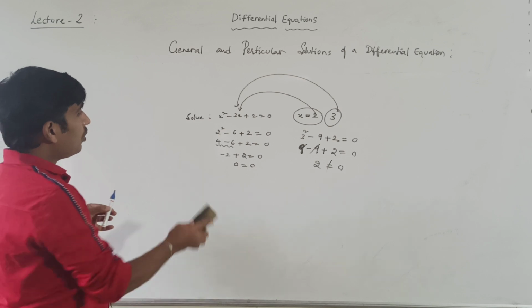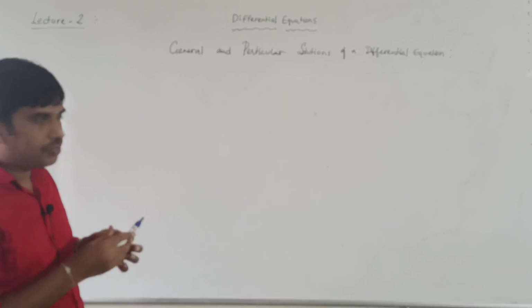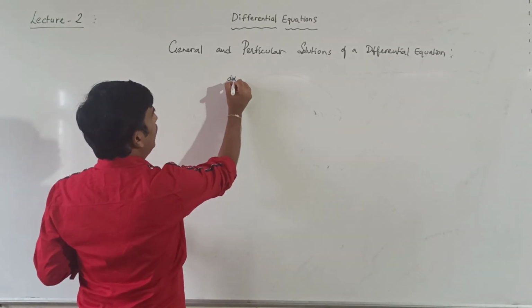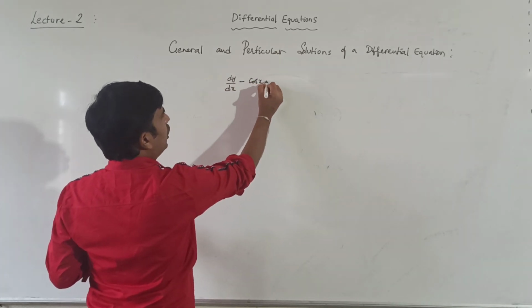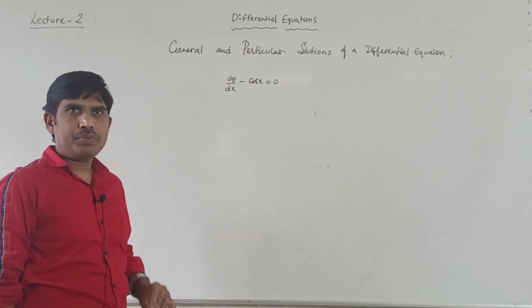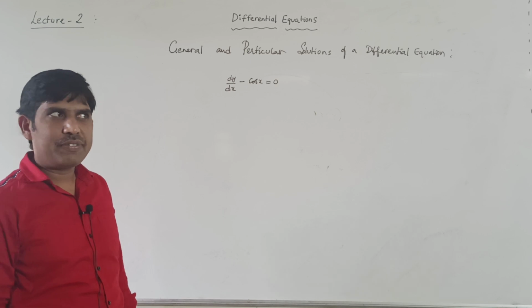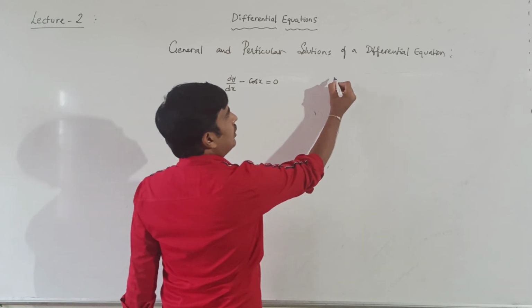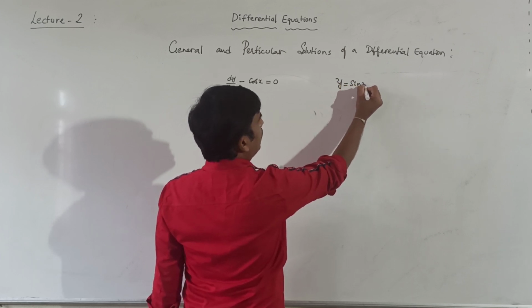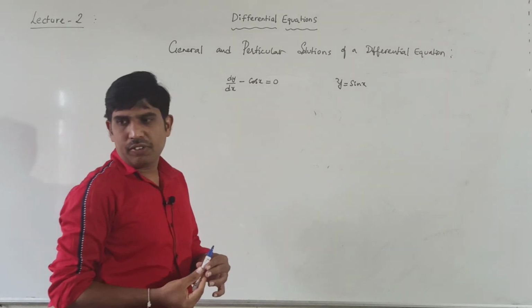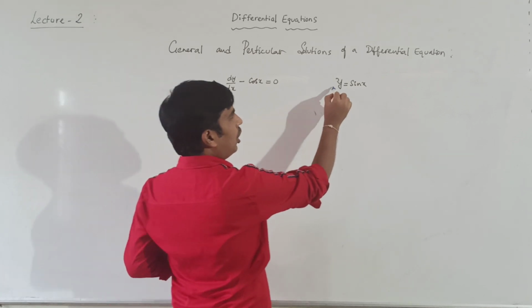Like that only, suppose given dy by dx minus cos x is equal to 0. It is one differential equation. Now we have to verify whether y is equal to sin x is a solution or not.